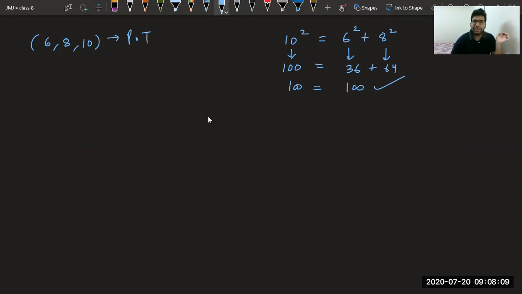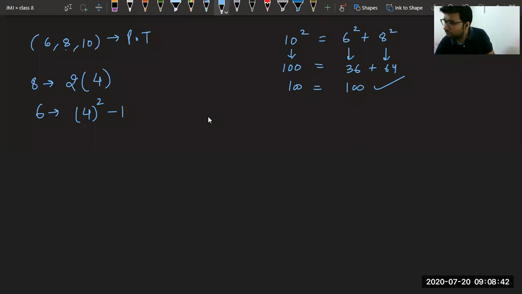Now, can I write this 8 as 2 into 4? One mistake is there, I think. It is 4 into 2, 2m, where m is 4.